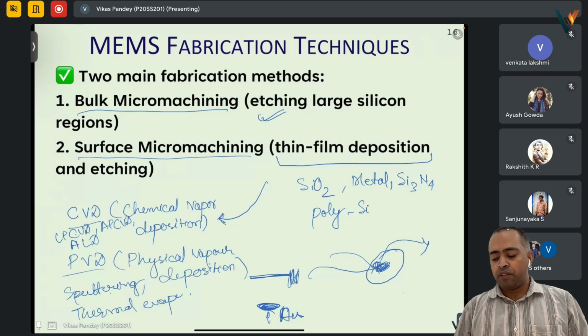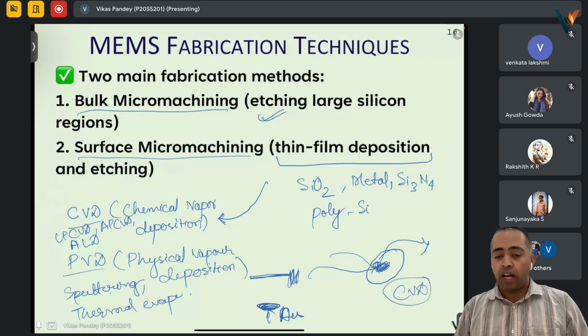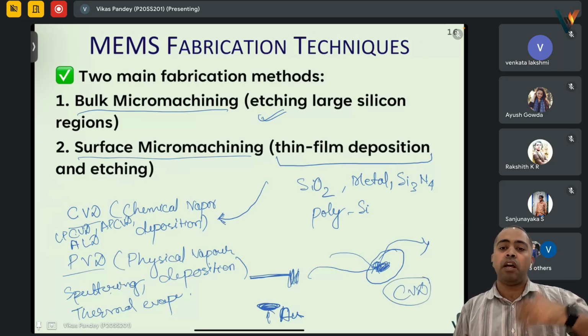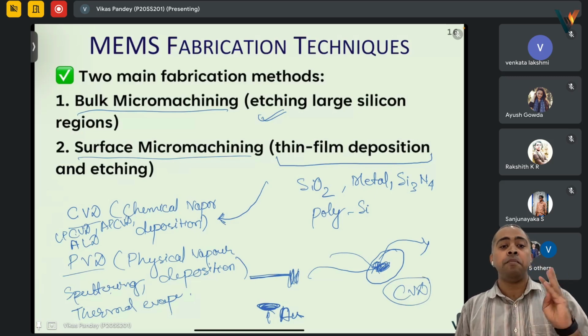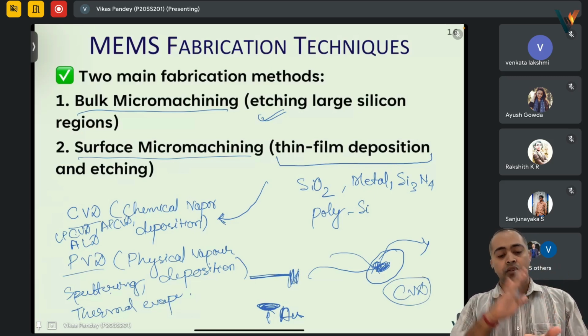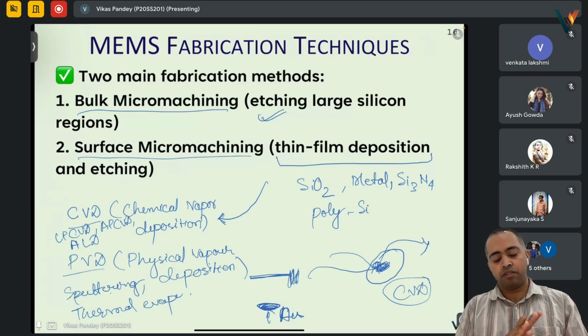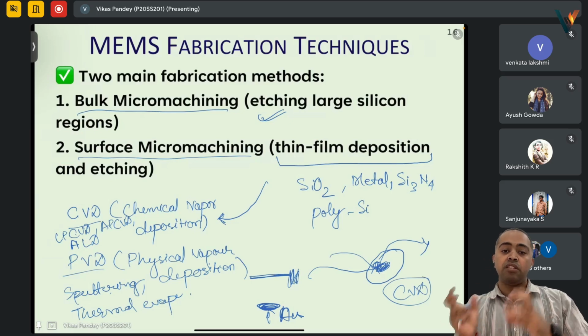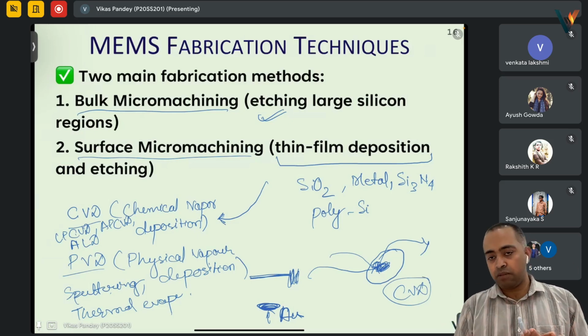CVD processes are generally high temperature processes, since reactions have to take place. They involve volatile materials, but they give very good film quality, since the reaction takes place over the wafer and the wafer is covered uniformly. Whereas in physical vapor deposition, since we are transferring the material, the adhesion might not be good.